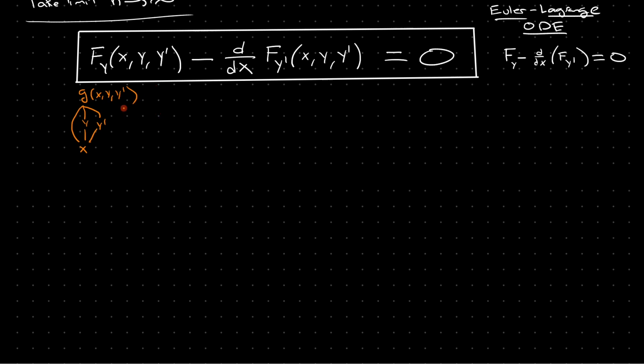Then the derivative of something like this with respect to x is going to be the partial derivative of g with respect to x, plus the partial derivative of g with respect to y times the derivative of y with respect to x, plus the partial derivative of g with respect to y prime times the derivative of y prime with respect to x. Or in short, it's going to be g_x plus g_y times y prime plus g_y prime times y double prime.